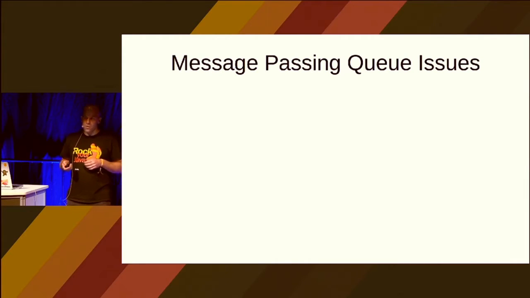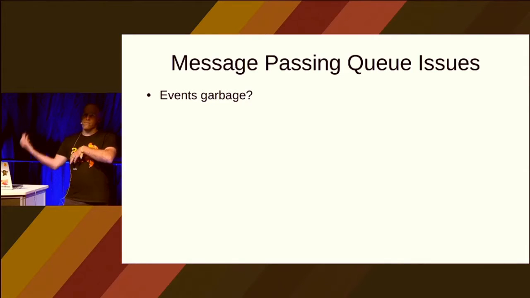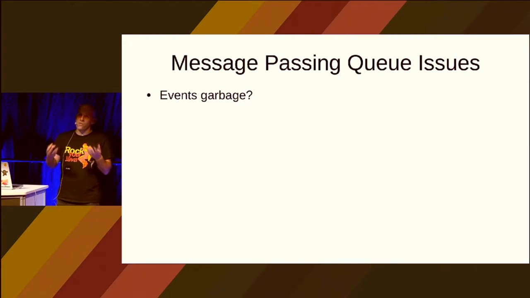There are issues when moving to this way of working. One of the things that happens a lot, especially with executors, is you allocate the runnable that you're going to put in the work pool, you throw it in, and at the other end, someone takes it out, runs it, and then throws it on the heap. So it doesn't matter that you're backed by an array, because every time you put an event on, you allocate it.